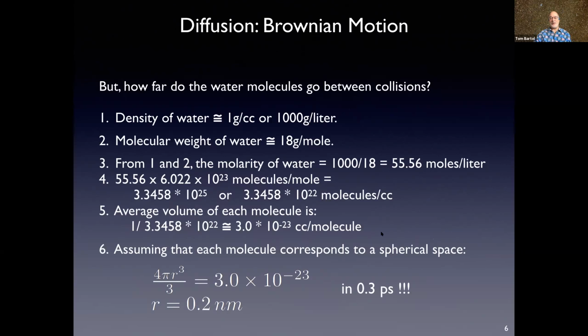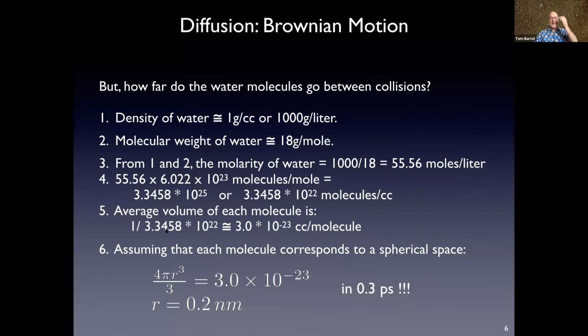This is just a quick and dirty back-of-the-envelope way of calculating it. This isn't a real formal accounting of everything, but it's a pretty good approximation. We start with the density of water, the molecular weight of water, and the molarity of water, and this tells us how many molecules of water there are in a cubic centimeter of water.